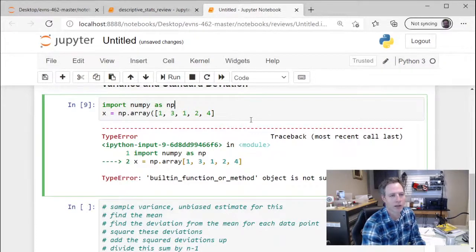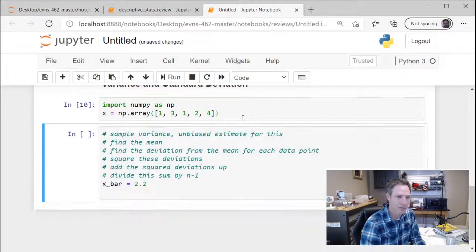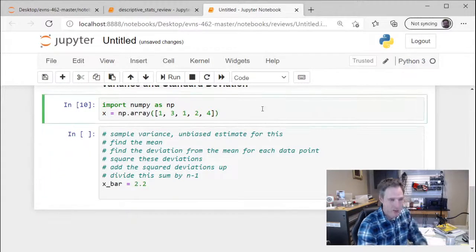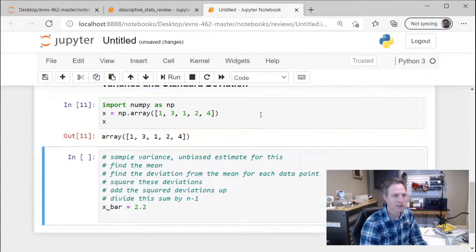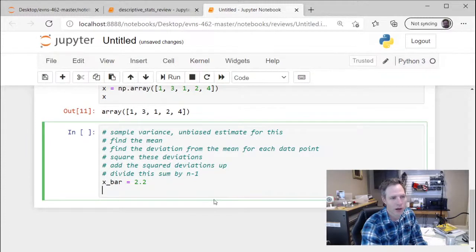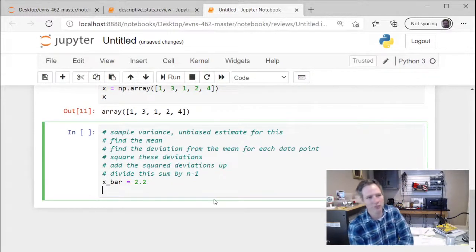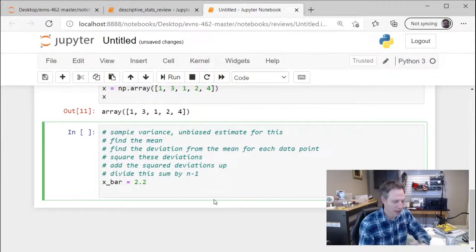Okay. So X is my data set. All right, so you would be able to calculate the mean by hand on the exam. I'm not going to give you huge data sets. I want you to be able to go through the steps of doing this for a small data set, understanding that the same process applies to large data sets, but you never actually calculate this by hand for large data sets.